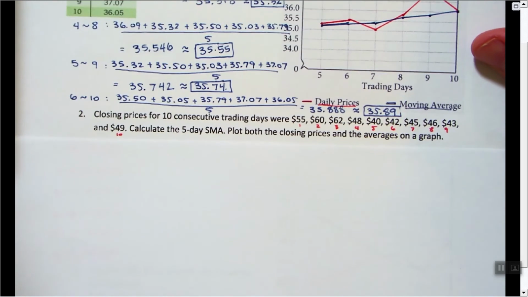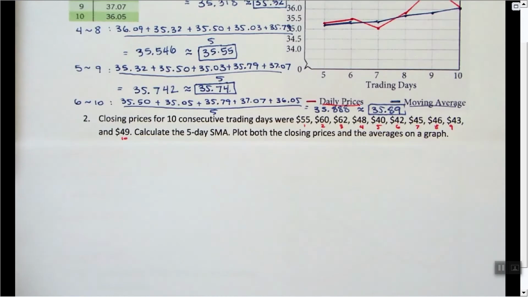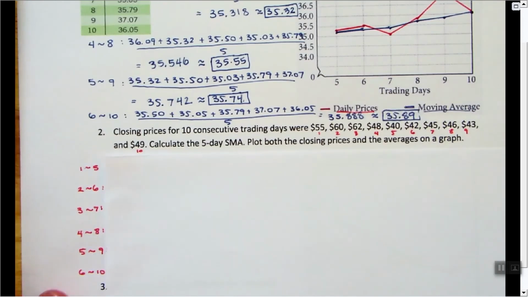So I've given that to you there. You will find 1 through 5, 2 through 6, 3 through 7, 4 through 8, 5 through 9, 6 through 10. Find those and also plot them on the graph that I've given to you. It will take you a couple minutes, so go ahead and pause the video and try that.